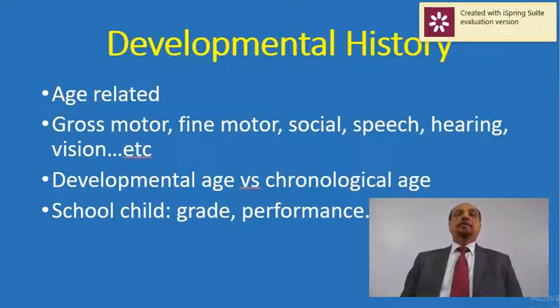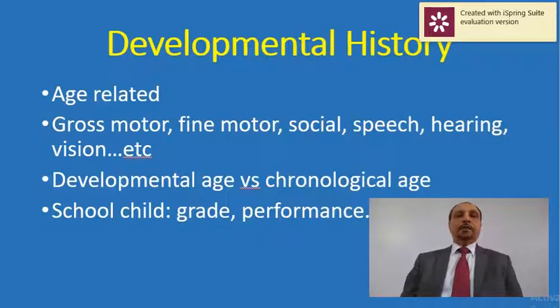And you have to know the developmental skills of the child and the growth, all the growth and development for the different ages of the child, and compare that with this child. You will take the developmental history regarding the gross motor.